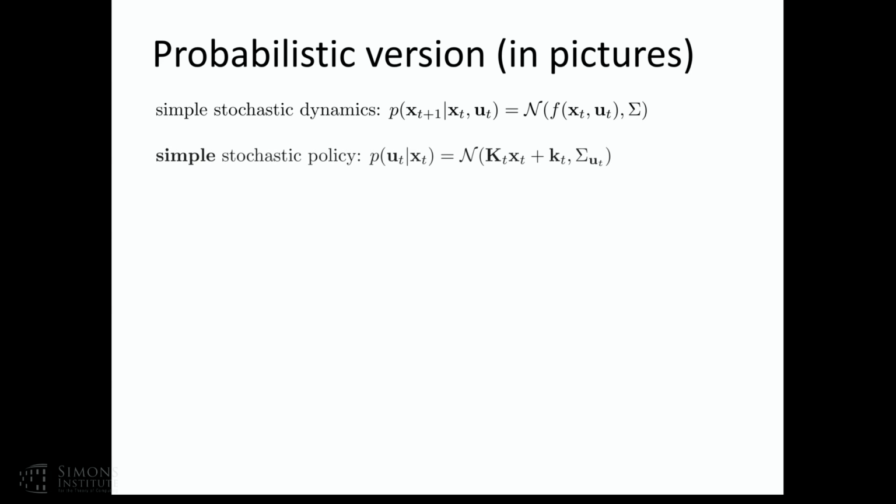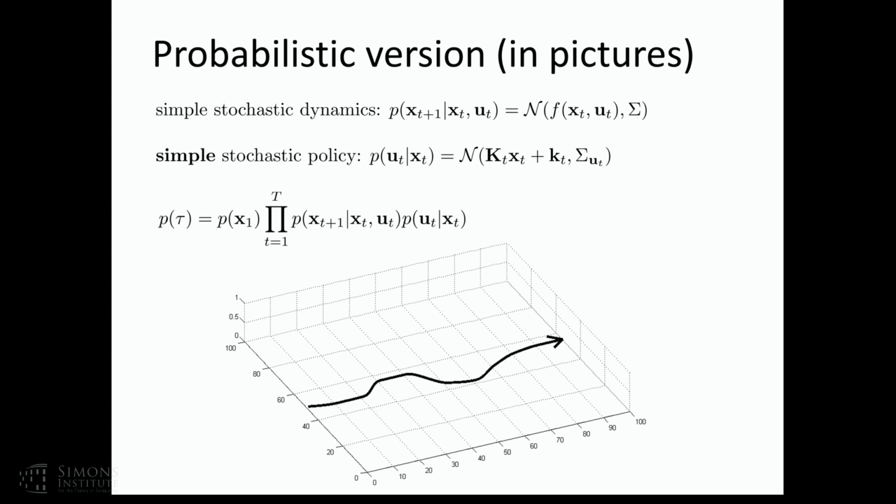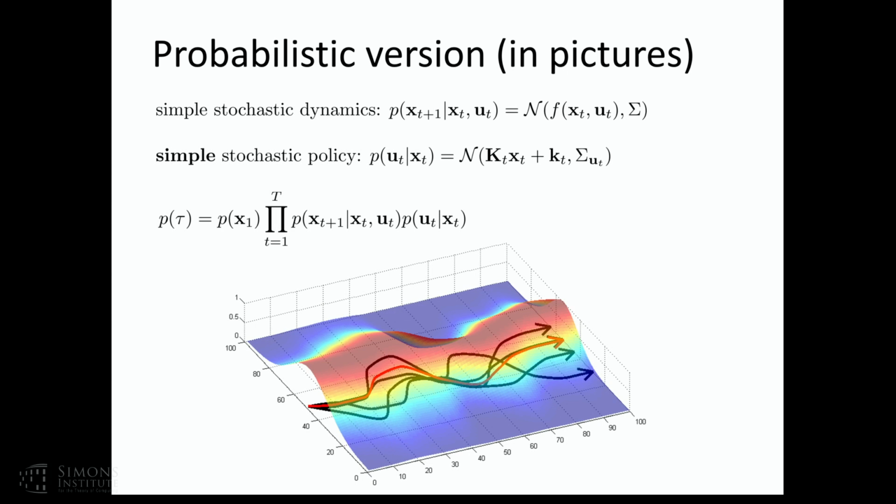So let me see here. This picture that I drew for you before, this distribution over trajectories, when I talked about stability, that was illustrated with the running example, and it was obtained using a stochastic linear feedback policy.